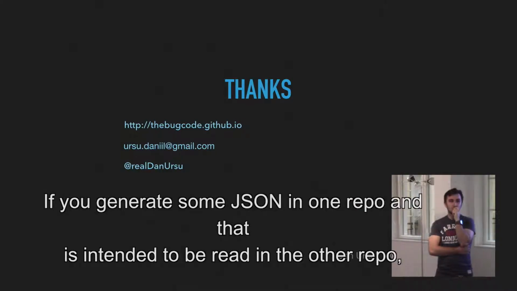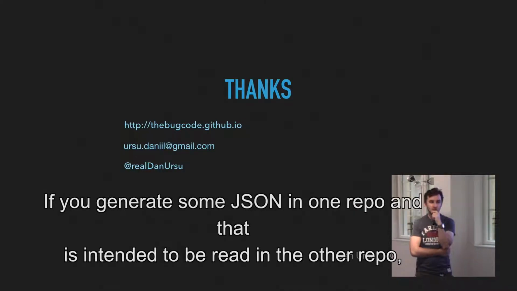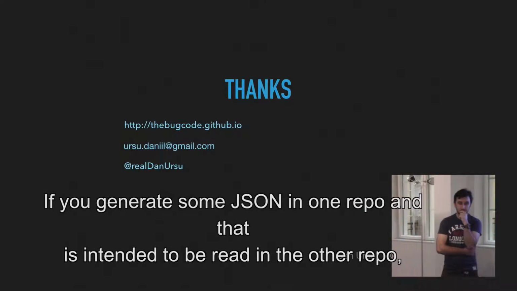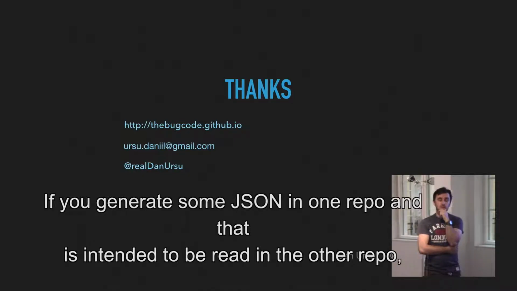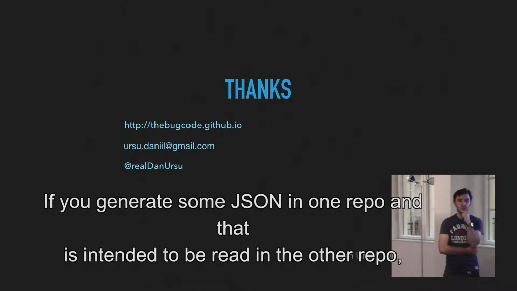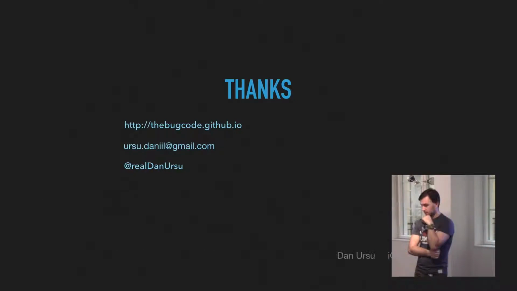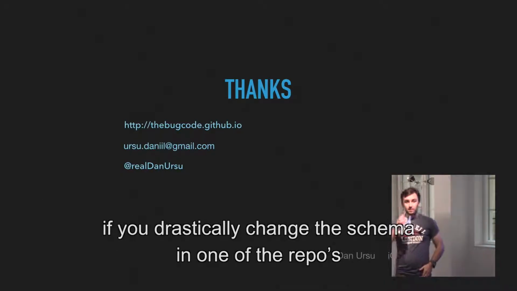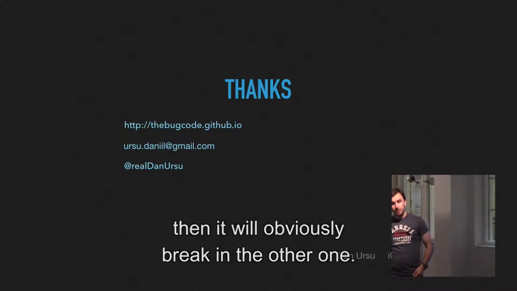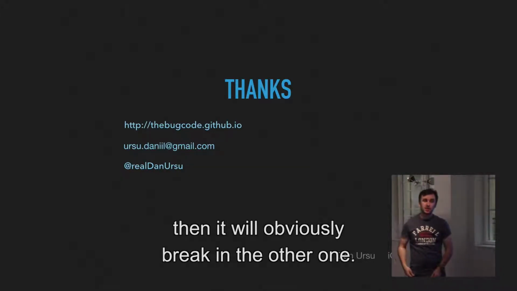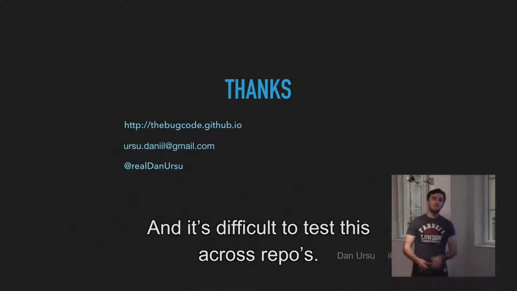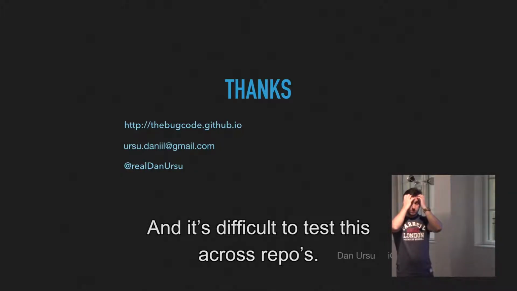So if you generate some JSON in one repo that is intended to be read in the other repo, yeah. If you drastically change the schema, as it were, in one of the repos, then it will obviously break in the other one. Okay. And it's difficult to test this across repos.